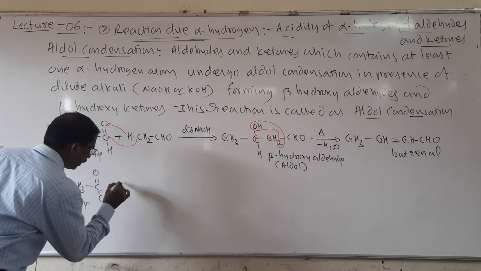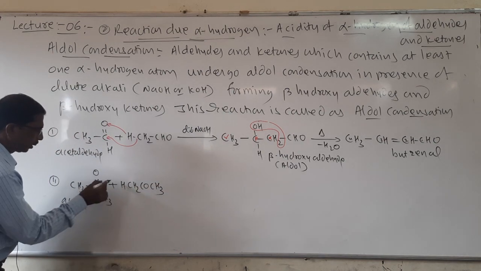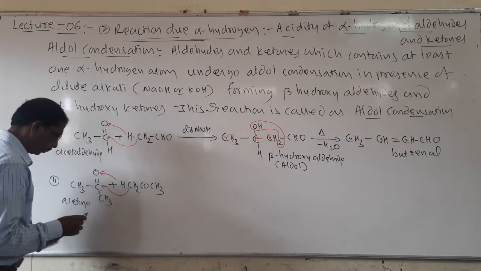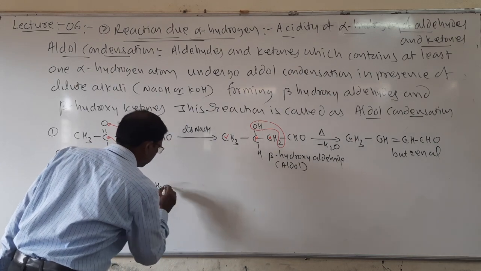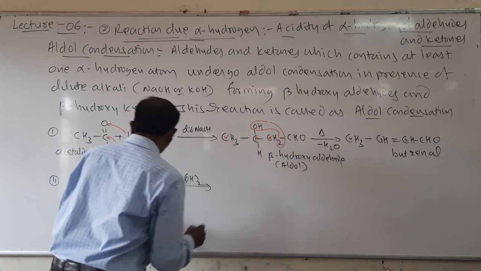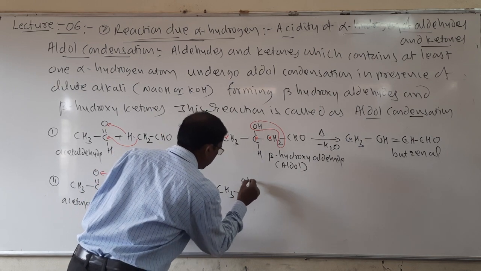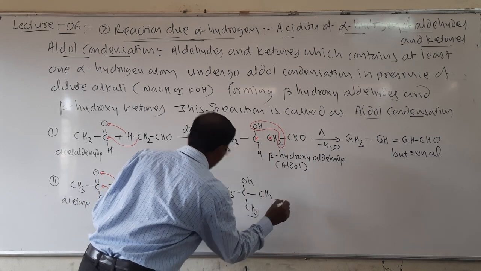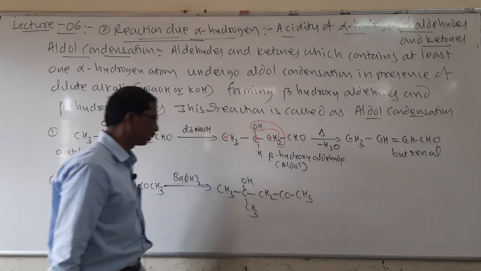I will write another acetone like this, second acetone, and here the linkage takes place like this, and then in the presence of barium hydroxide, it forms CH3C(OH)(CH3)CH2COCH3. Look here, students.